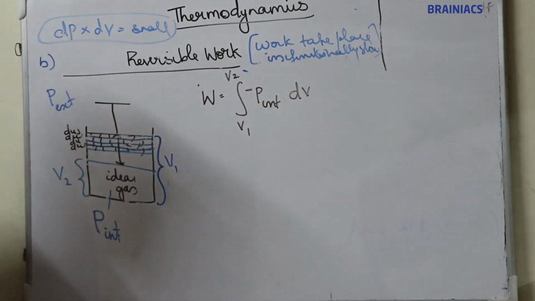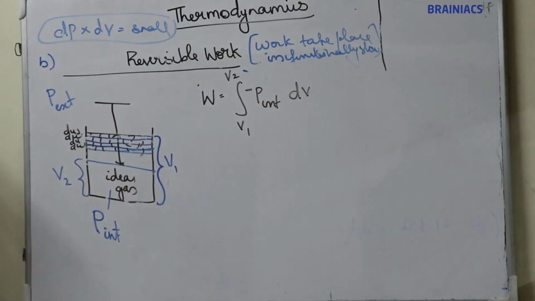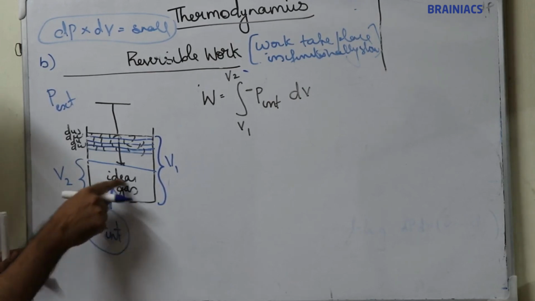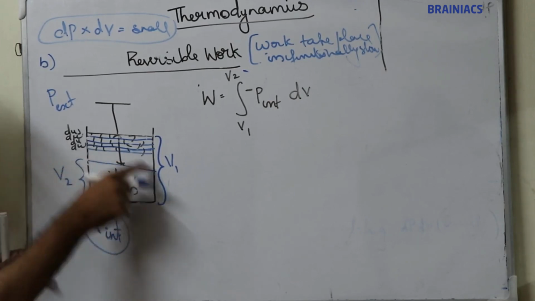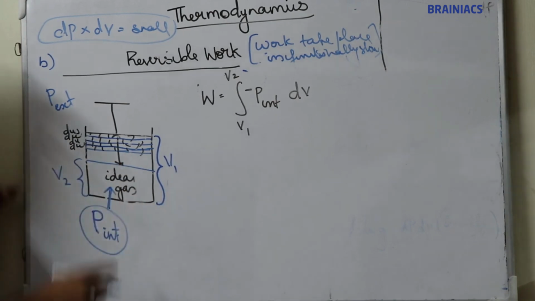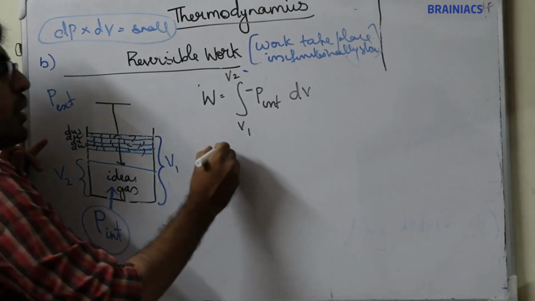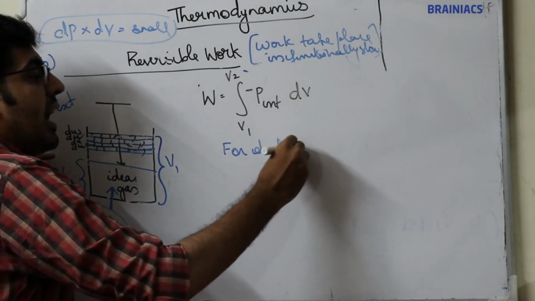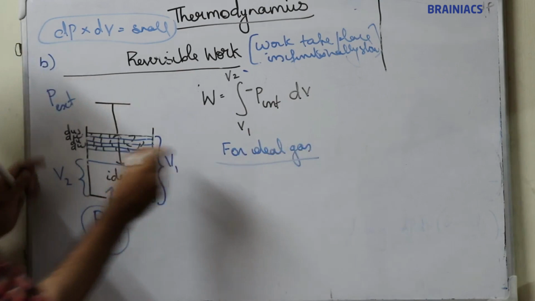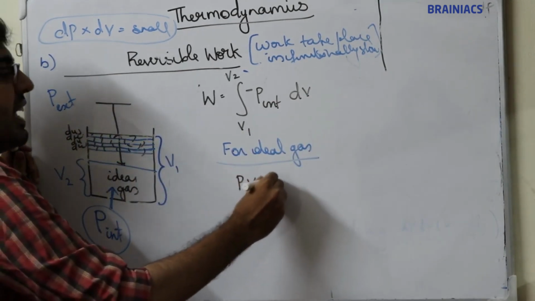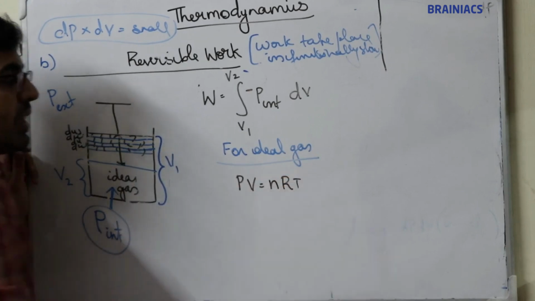Right. Now, this internal pressure is due to this gas. Which gas? Ideal gas filled in this cylinder. So we know that for ideal gas, PV is equal to nRT.